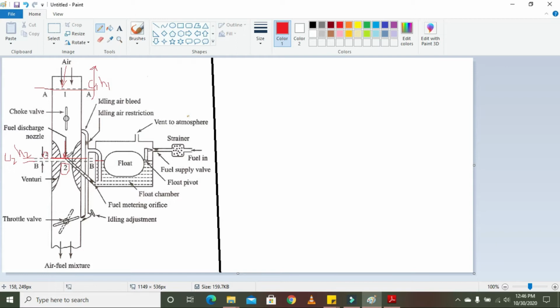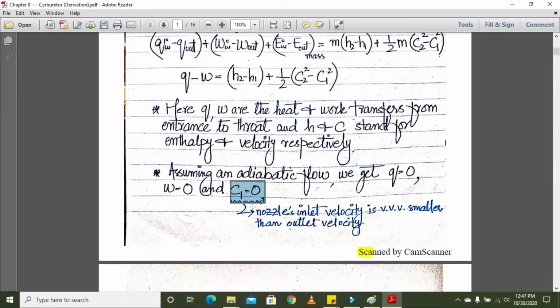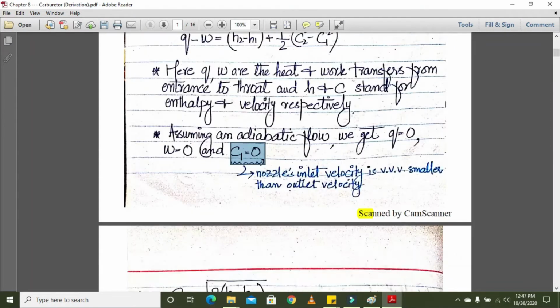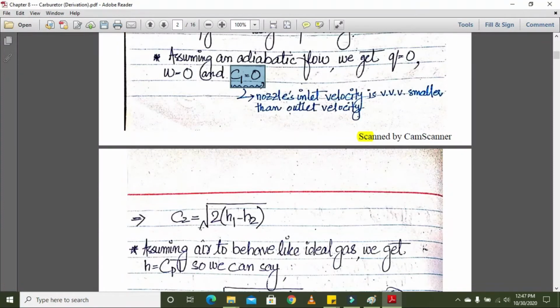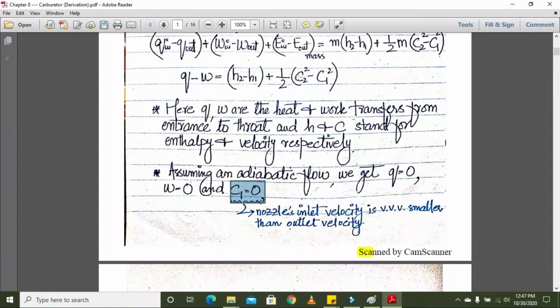So the speed would be very high at section 2 as compared to section 1. So we would be neglecting C1, because the nozzle's inlet velocity is very small as compared to the velocity at the venturi throat.